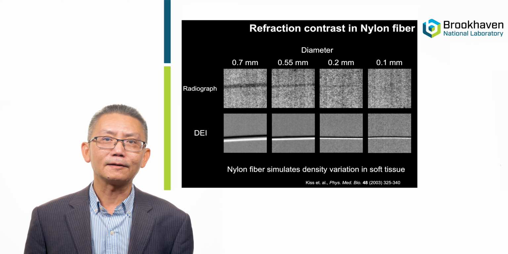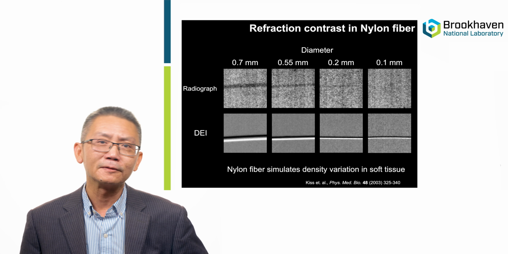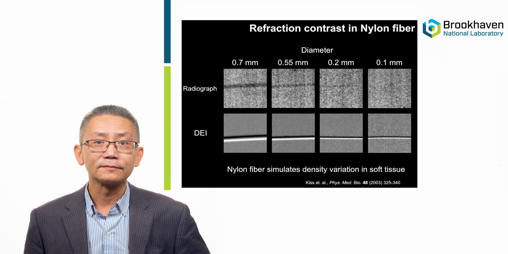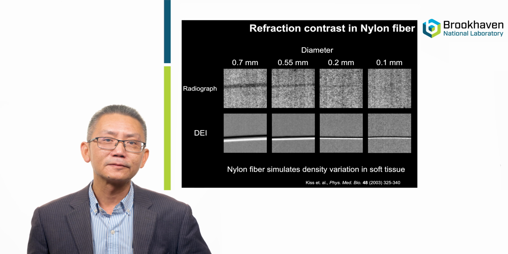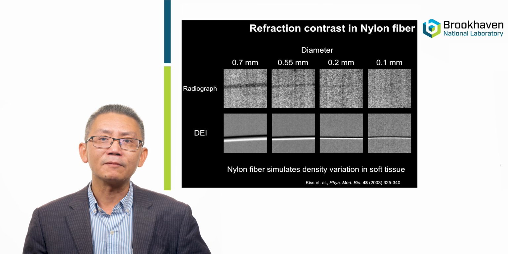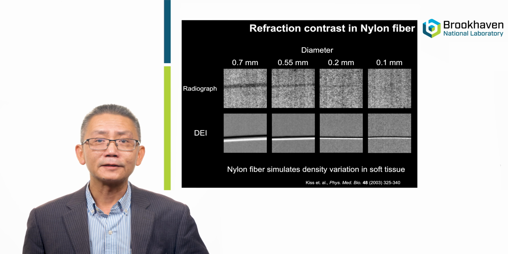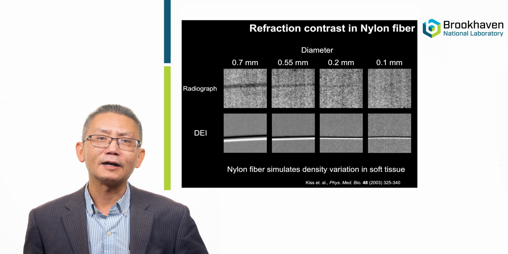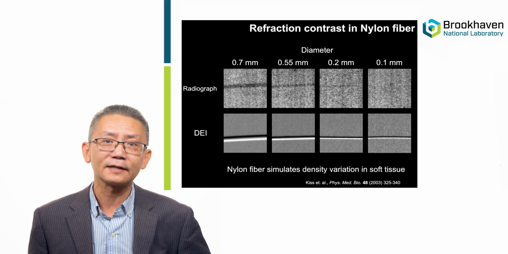Here is one of the first images we took after we discovered DEI, again 20 years ago. On the top row, you see nylon fibers of different diameter, the smallest one being 0.1 millimeter. As the diameter of the nylon fiber gets smaller, it attenuates, absorbs less.